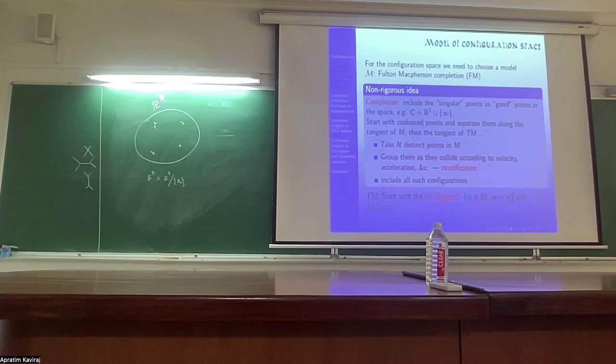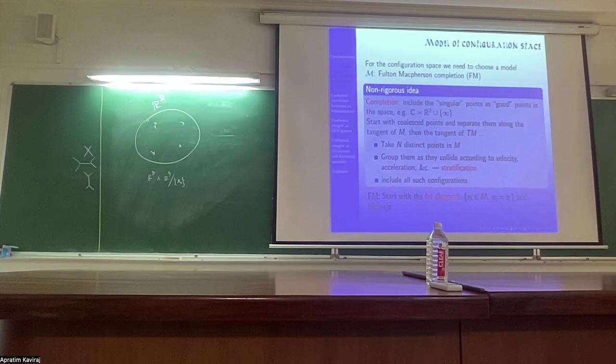This is what we mathematically call a stratification, and then include all such configurations. It is like the conventional OPE, the operator product expansion, that we talk about. That's basically why I went to this description first. In field theory we talk about point splitting, separating things. Here they are talking about colliding. It refers to that essentially.